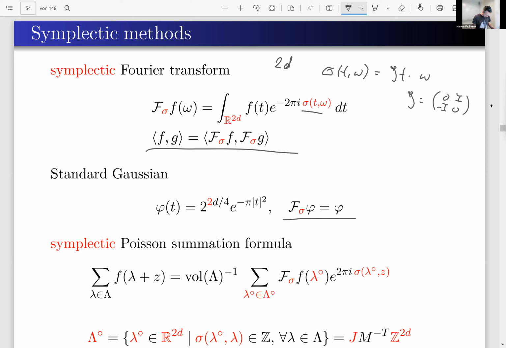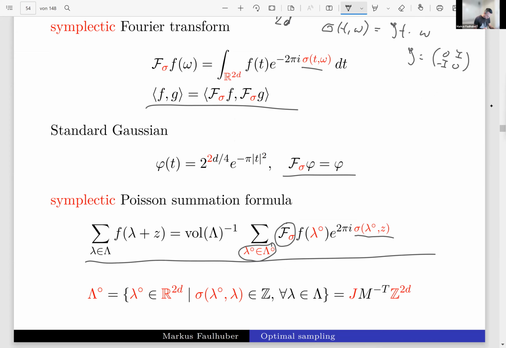And what you also have is the Poisson summation formula, and you simply replace the dual lattice by the symplectic dual, which is called the adjoint lattice, and you have to replace the Fourier transform by the symplectic Fourier transform, and here you get again the standard symplectic form. And as you can see here, the condition is that this skew-symmetric form only takes integer values.